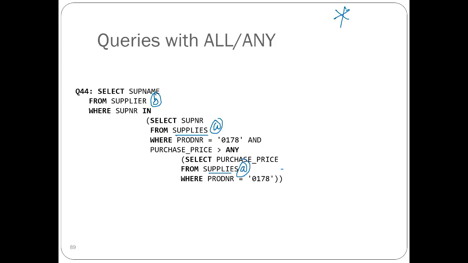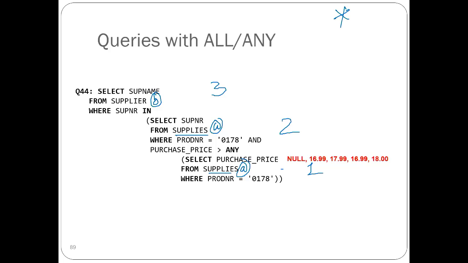So the outer query is using the table supplier, and from that supplier we need the name of only the supplier that figures in the list that we have obtained in the query number 2. Let me mark them as query number 1, query number 2, and query number 3.